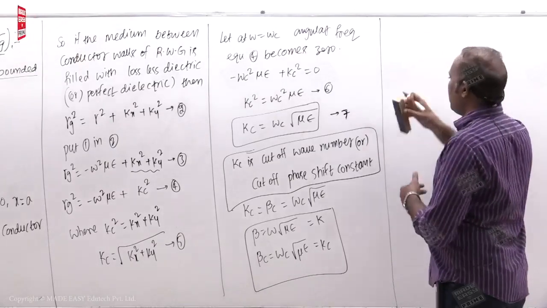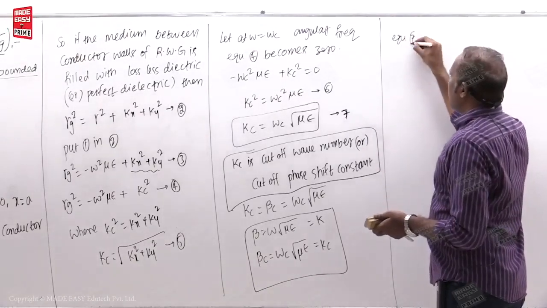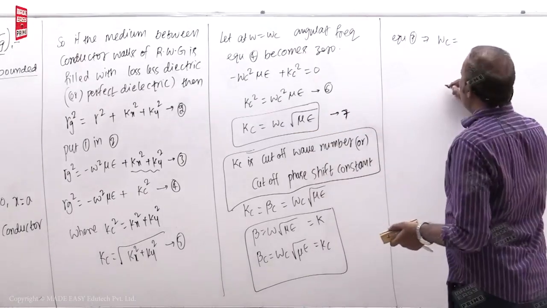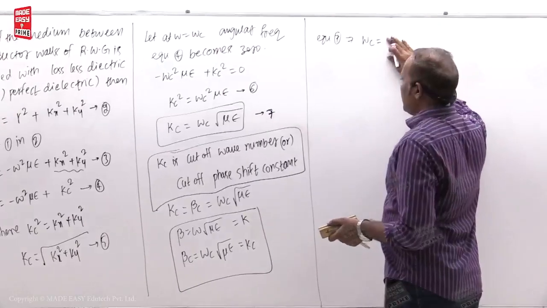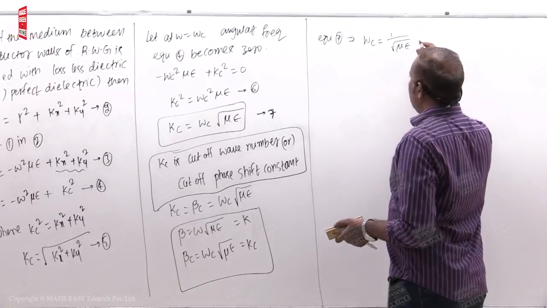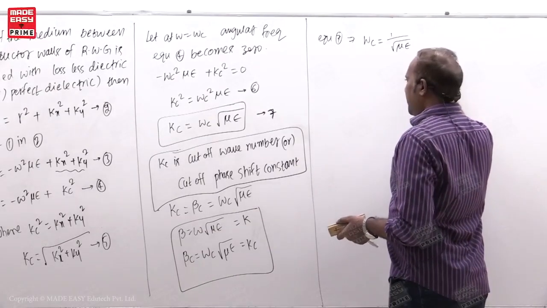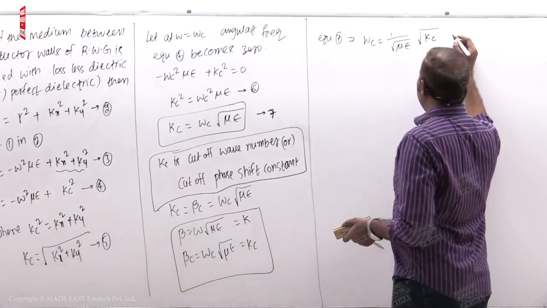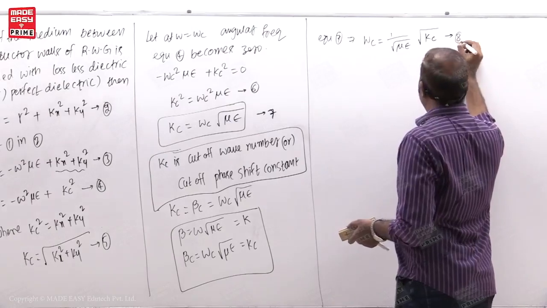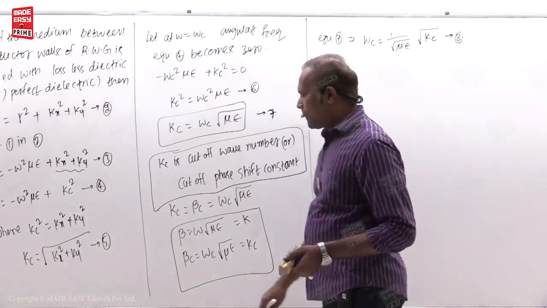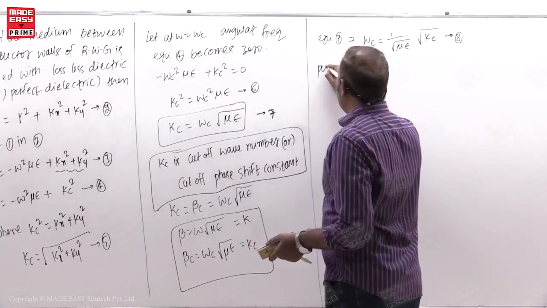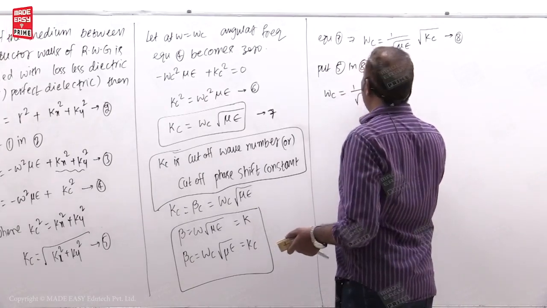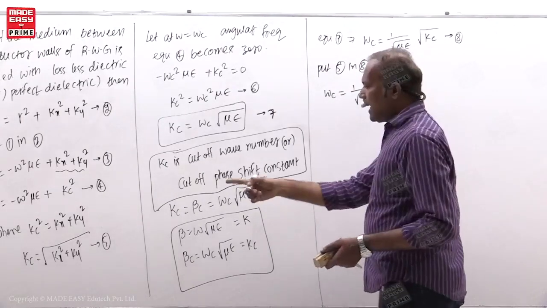So equation 7 implies omega c is equal to 1 by root mu epsilon, under root kc. Then this is equation number 8. So kc is written here, equation 5. Put 5 in 8. So omega c is equal to 1 by root mu epsilon, and root kc.